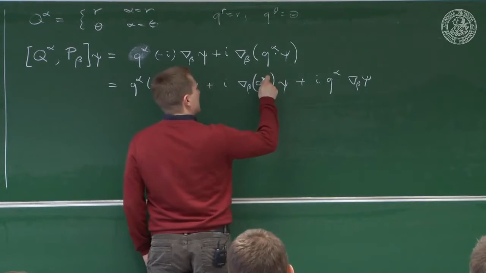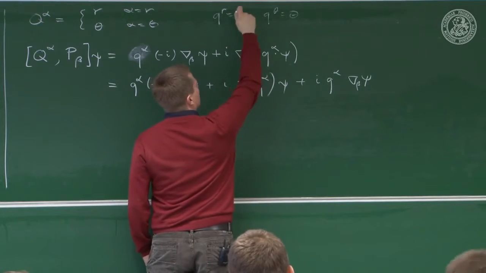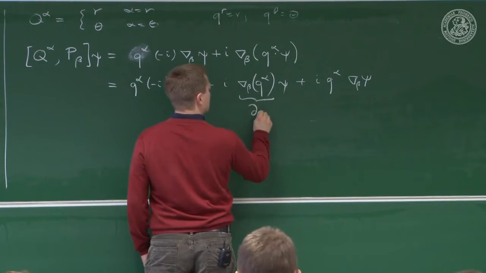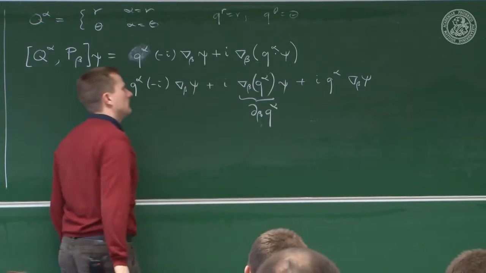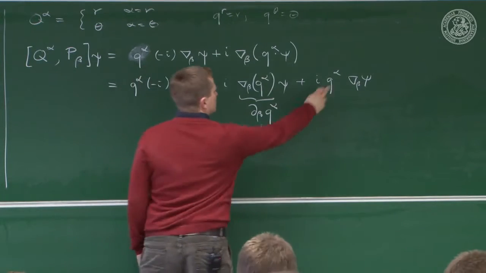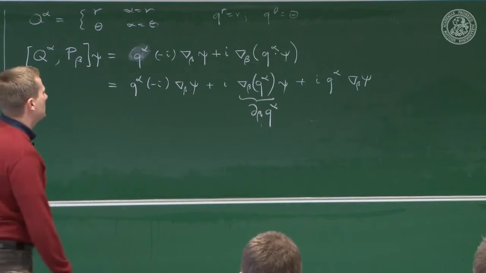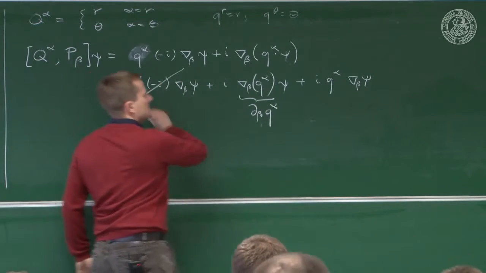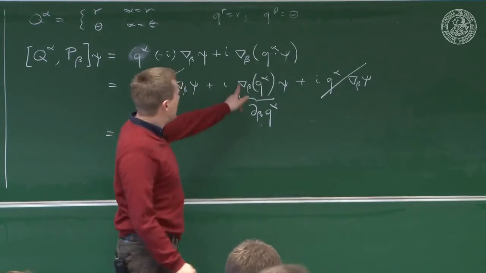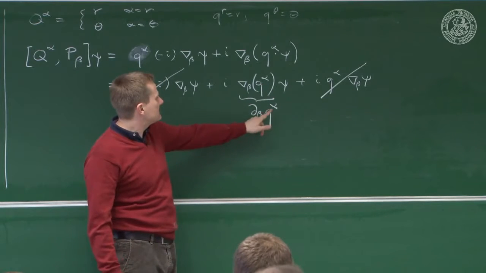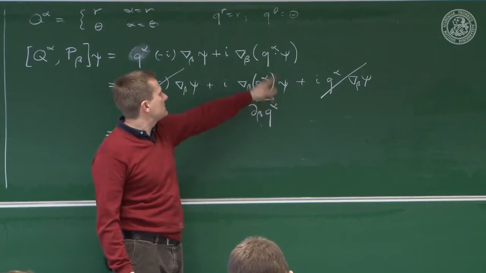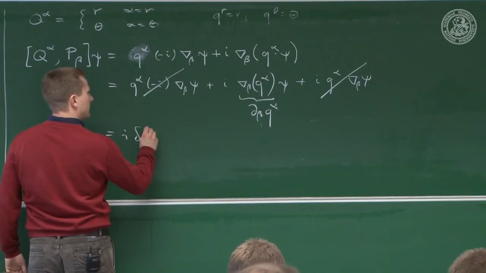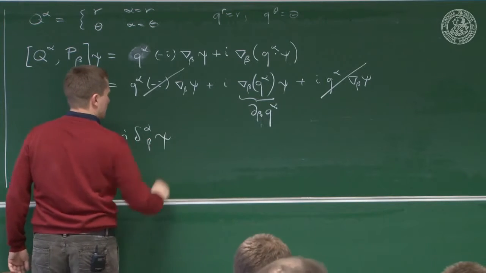But now, because these are really functions, because r and theta are coordinate functions on the manifold, this simply becomes a del beta q alpha, right? Whereas this guy stays what it is. But in any case, there's a plus i, there's a minus i. This guy cancels against that guy. And because this is just a function, this is a delta alpha beta, because it's the r by r or r by theta and so on. So this is nothing but i delta alpha beta psi.